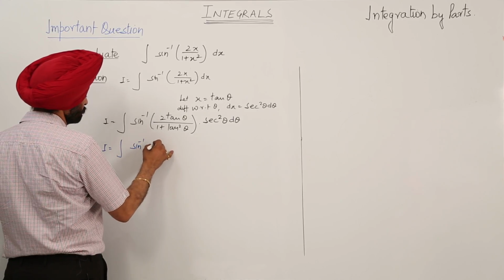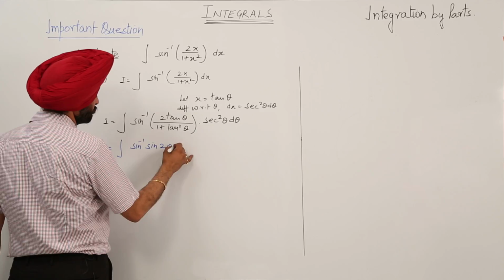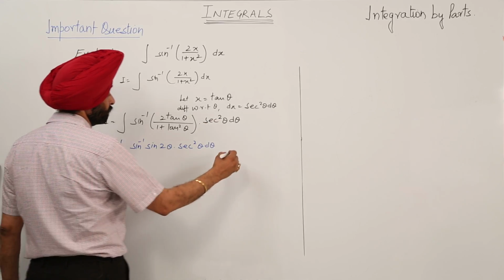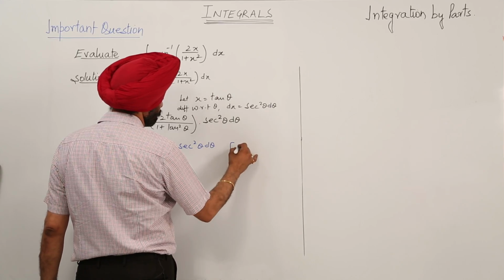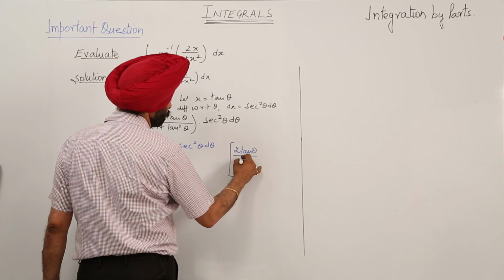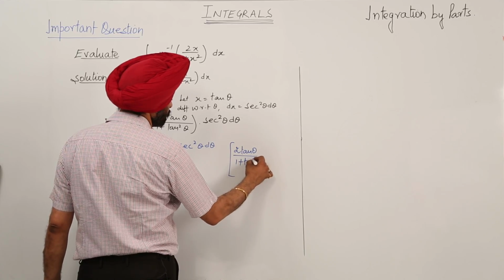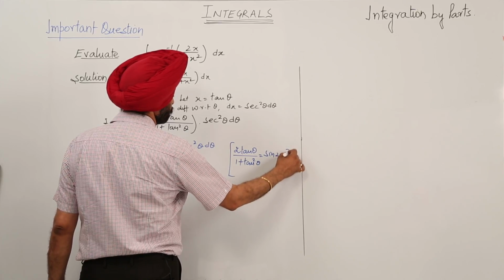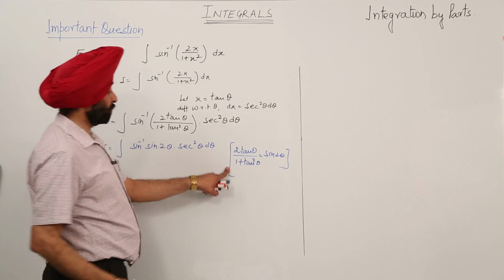Sine inverse of sine 2 theta with secant square theta d theta. 2 tan theta upon 1 plus tan square theta is what? It is equal to sine 2 theta. Okay, reducing this to the simplest form.